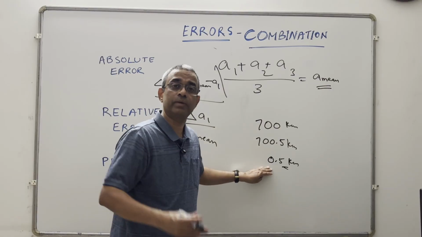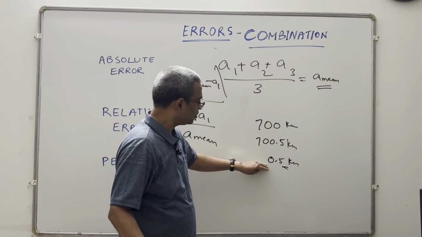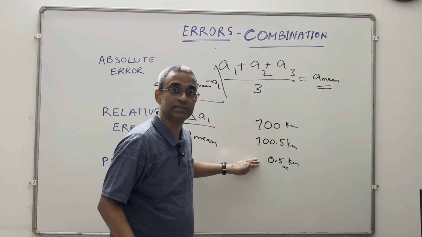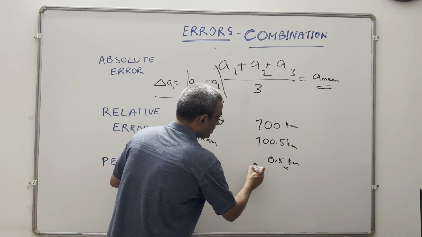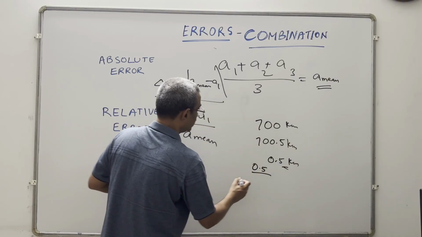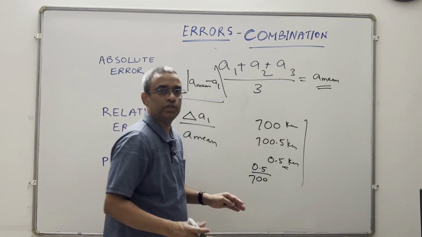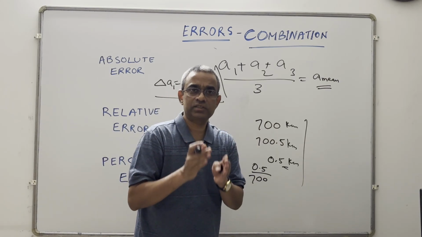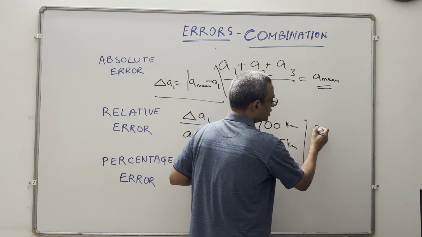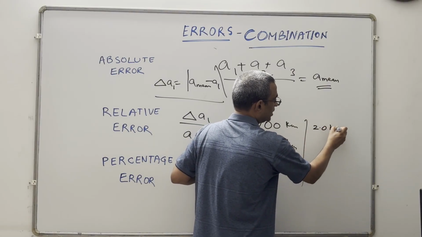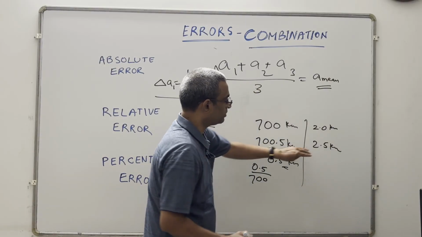Now, is 0.5 big or small? Because it's a large distance, 0.5 is small. But to get a clear picture, the relative error is 0.5 by 700. Versus let us say you are measuring the distance from your home to your school, and let us say the school is 2 kilometers, and you have come up with 2.5 kilometers as the measurement.